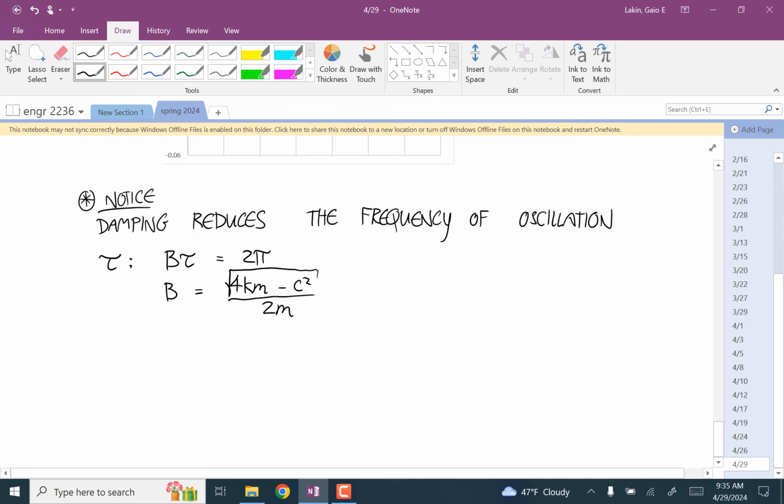Okay, so tau is equal to 2 pi divided by B, so that's 2 pi times 2m over the square root of 4km minus c squared.